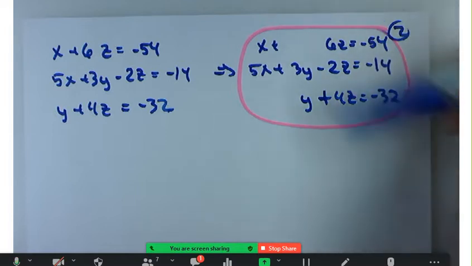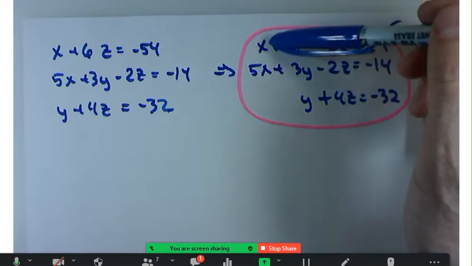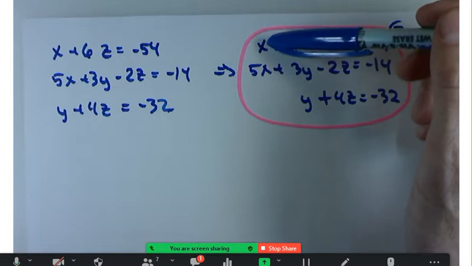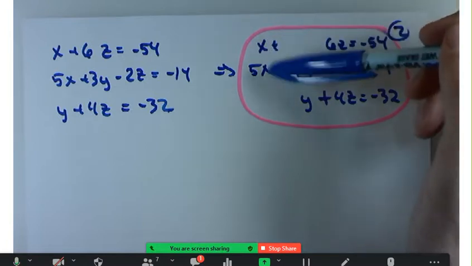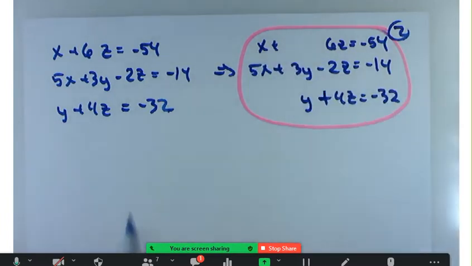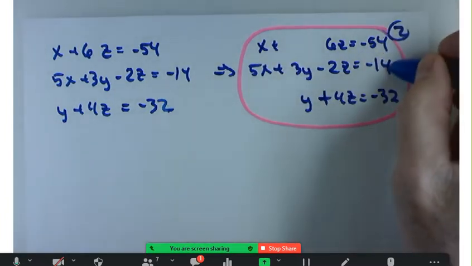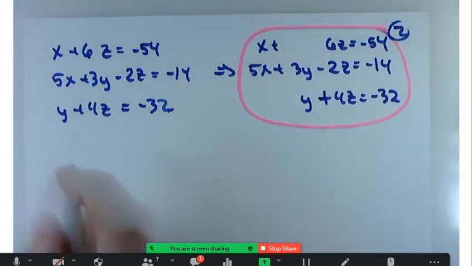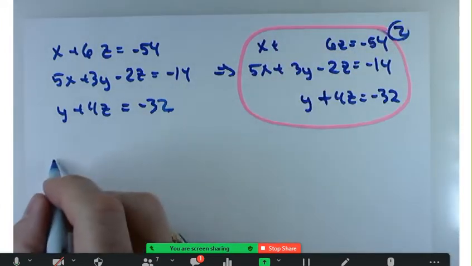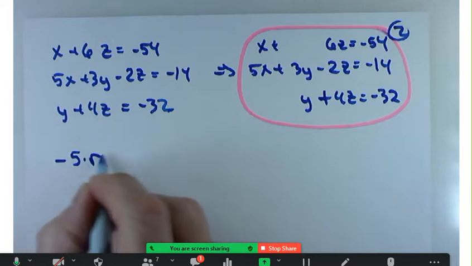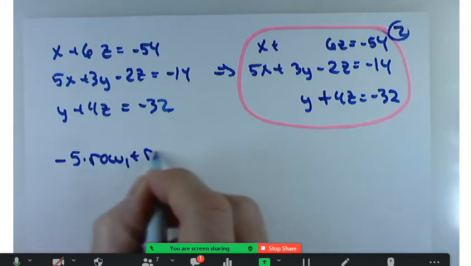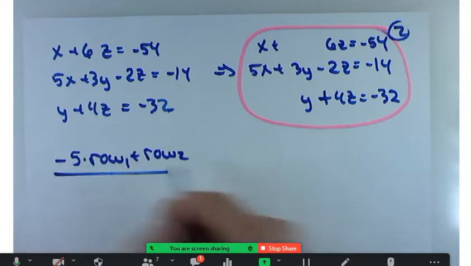So let me do it this way. Let's get rid of the x from this equation. What would I multiply the top equation by and add to this one to get rid of the 5x there? What should I multiply this by and add here to get rid of that x? -5. Thank you. So -5 times the first row added to the second row would look like this.